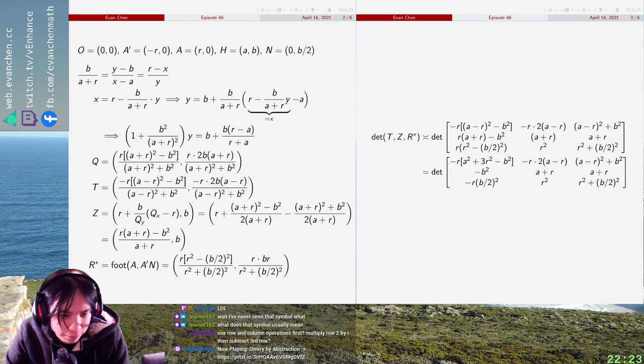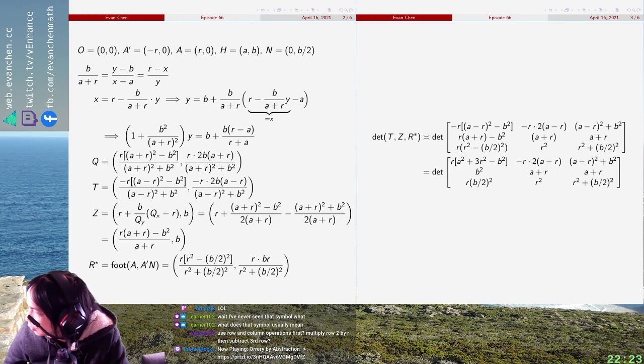Let me flip all the signs in the first column actually. Okay, so now let's add or subtract. Let's add r times this thing. I get rid of the trinomial.